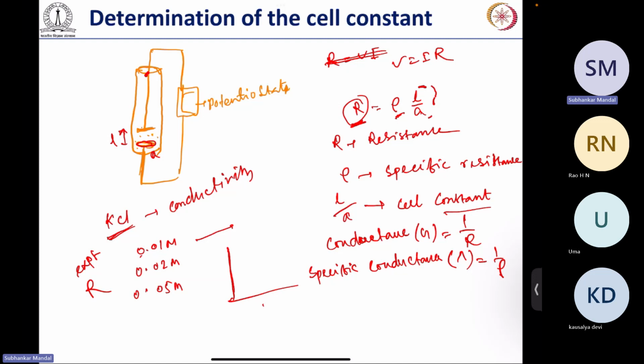Then you plot the specific conductance versus R. The concentration you know, the specific conductance you know, and from the experiment you get the R value, while the rho value comes from the literature. Different concentrations give different points like this.